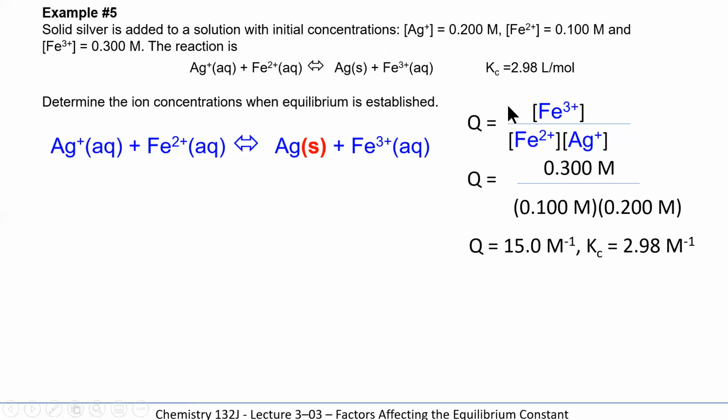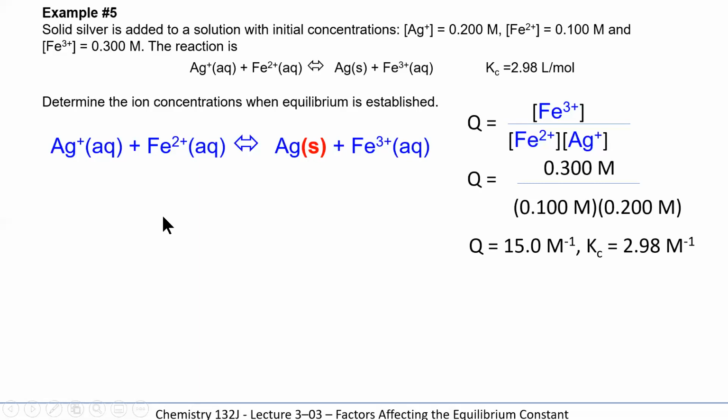But we were given Kc was 2.98 liters per mole. Q is bigger. So what do we have to do to reduce the value of Q so it gets to an equilibrium? Well, we have to decrease the products. We have to shift the equilibrium, the system, from right to left.